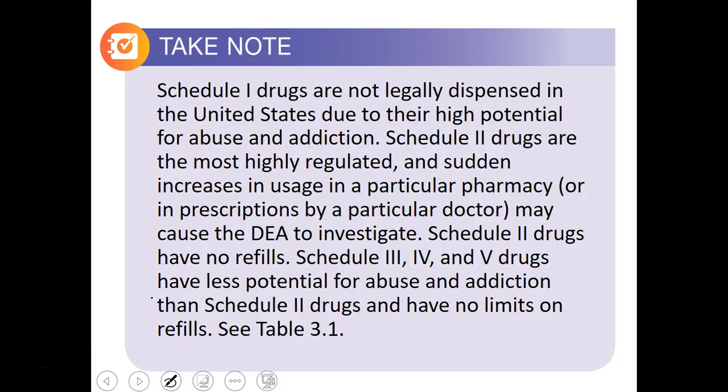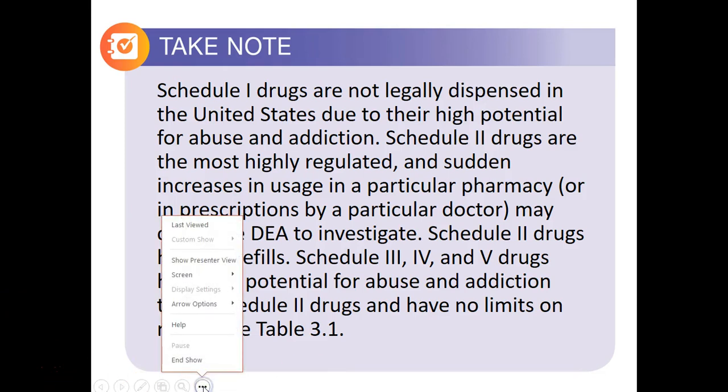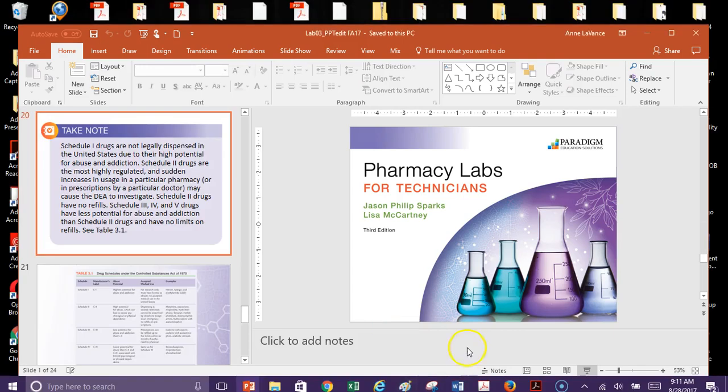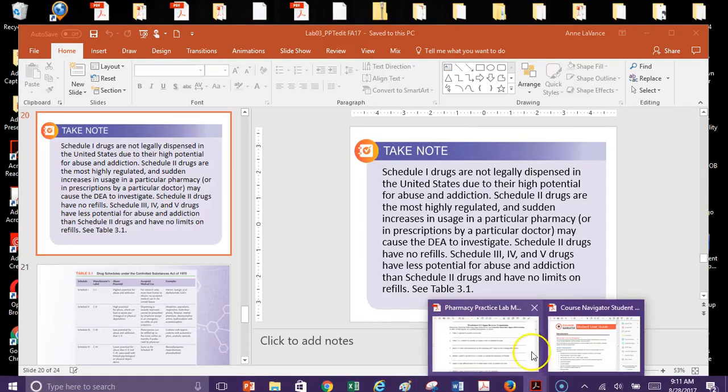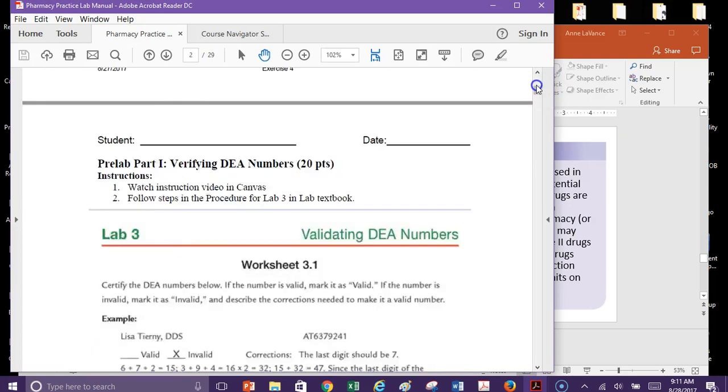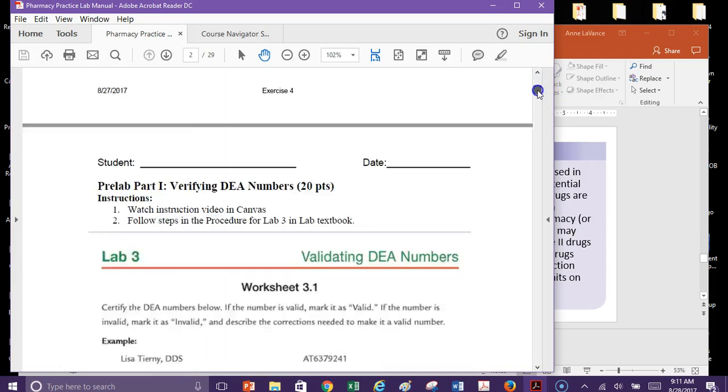So that's the process as you're going through the prescription, the DEA numbers in your lab. So let's take a quick look back at that. In your lab manual binder, you're going to go through.